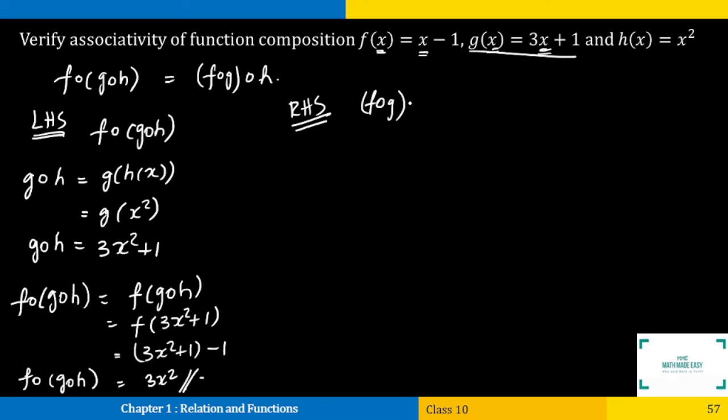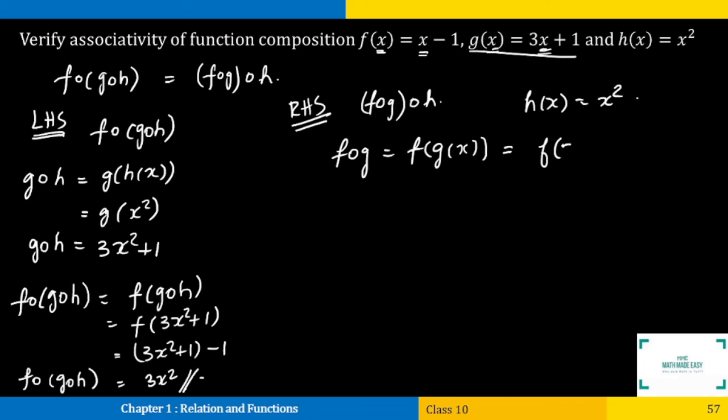So f compo g compo h, what does this mean? First of all, let's find what f compo g is, and h of x will be the input for f compo g. So we have h of x to be x square. So f of g of x is f of 3x plus 1, plugging this in f of x, that gives you 3x plus 1 minus 1, and that's 3x.